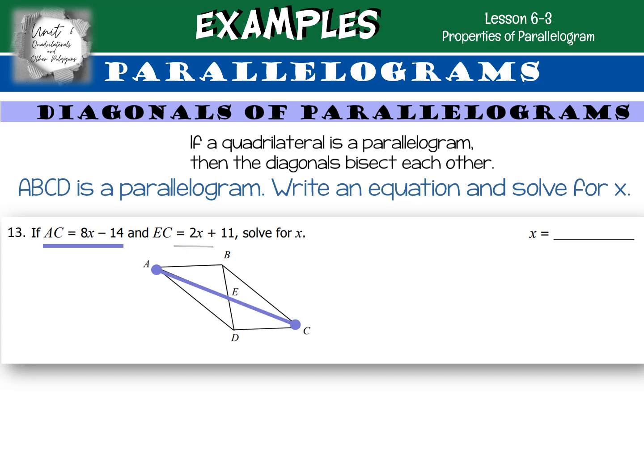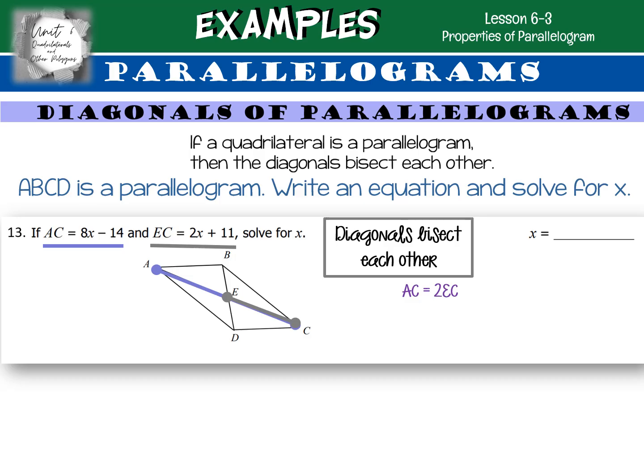So that's the whole thing, and that is just half of it. Diagonals bisect each other, so the length of segment AC is twice EC. Let's plug it in. You're going to have to distribute. So we need to multiply the 2 on the outside of the parentheses by the 2x and by the plus 11. So 8x minus 14 equals 4x plus 22.